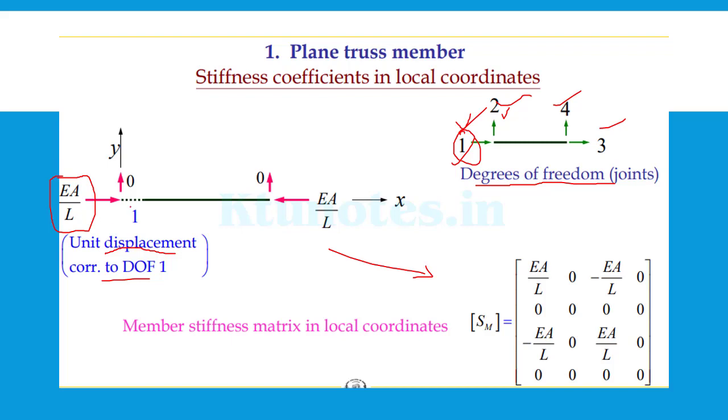You also know that when this is in movement, all the other displacements should be restrained. So an equal and opposite force of EA by L will be created at the right side. There is no vertical movement here, so there is no stiffness coefficient for 2 and 4. Those are written for the first line, so this will be k11, k12, k13, k14. Right.